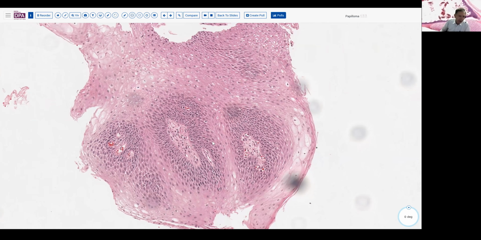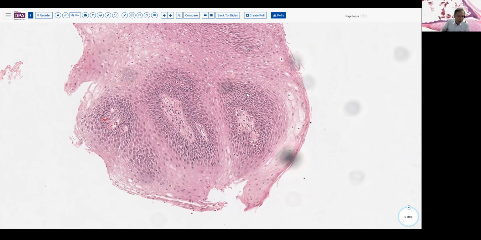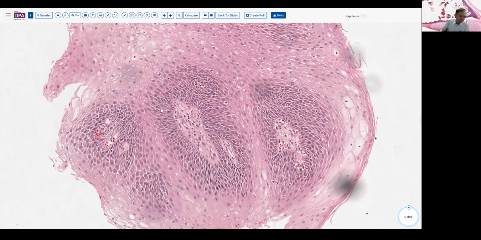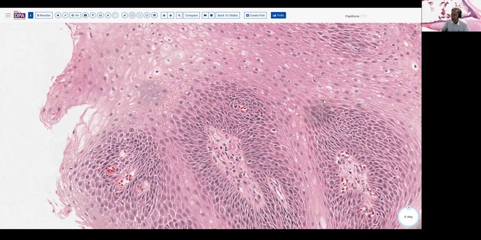So as we see at this magnification here, there's nice maturation of the keratinocytes. We have some prominence around the fibroepithelial cores. We have a little bit of increased basophilia down here, but as we go upwards in the epidermis, these cells mature nicely.